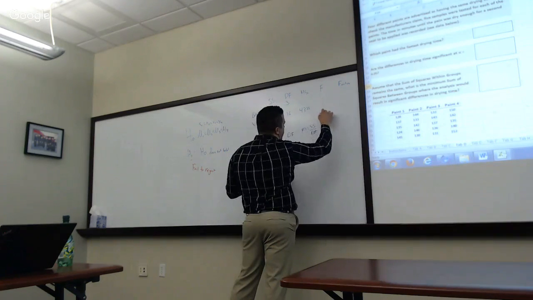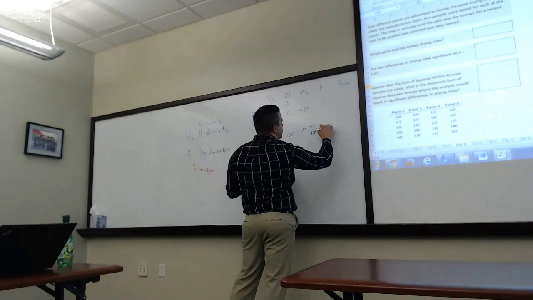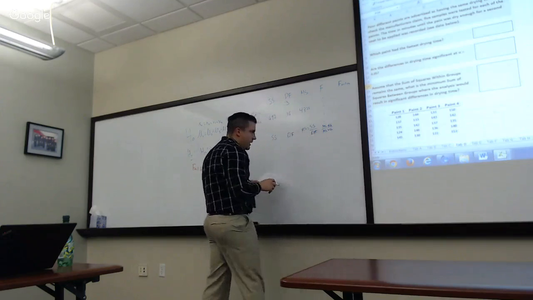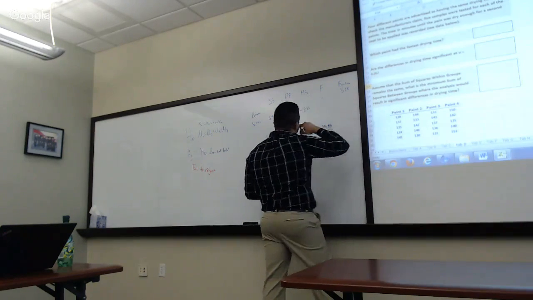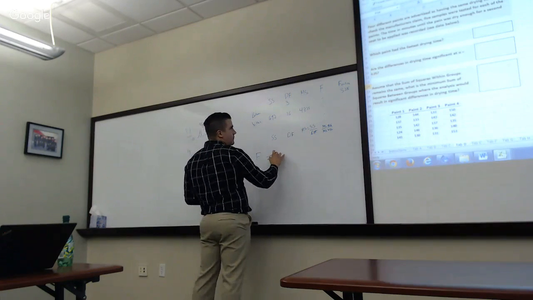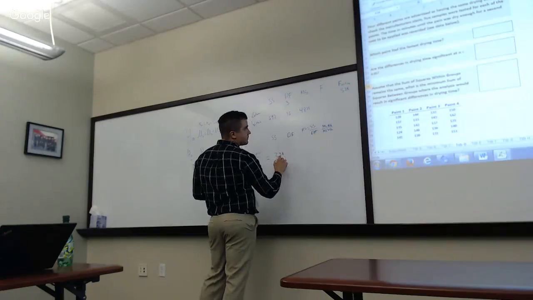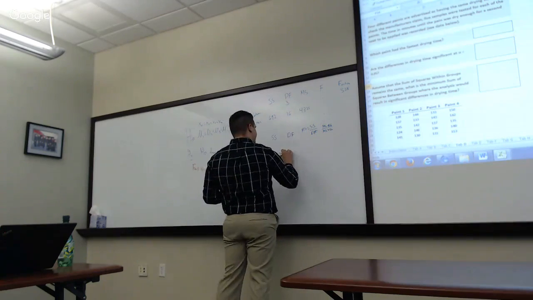And our F is equal to our mean squares between groups divided by our mean squares within groups. And our F critical value will remain the same at 3.24. So we want our F to be equal to 3.24.